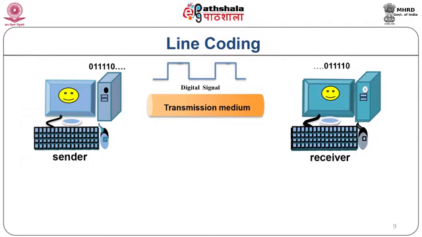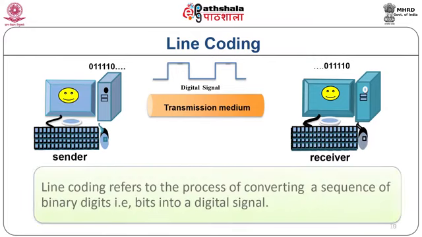Hence, for efficient communication, a good encoding technique to tune the signal properties to the characteristics of the physical channel is necessary. Information to be transmitted can be encoded in either digital or analog signal using different encoding techniques.